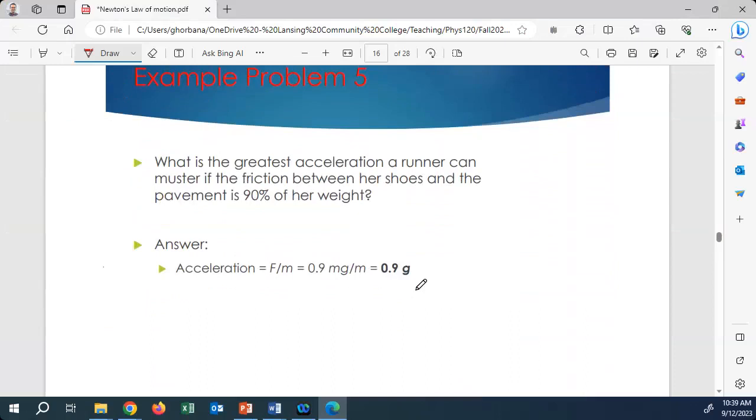What is the greatest acceleration a runner can master if the friction between her shoes and the pavement is 90% of the weight?